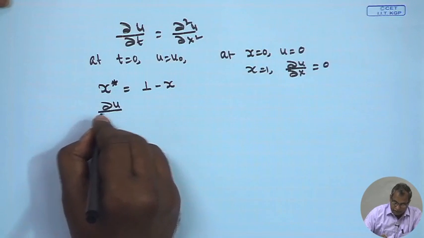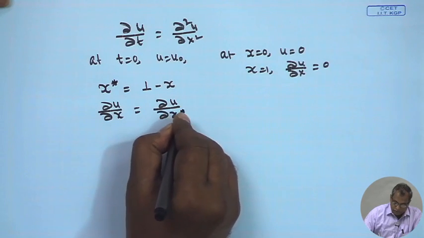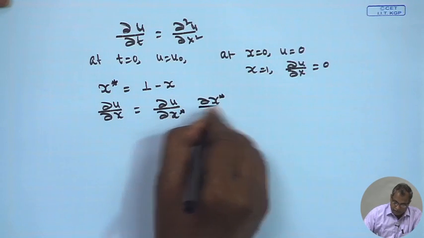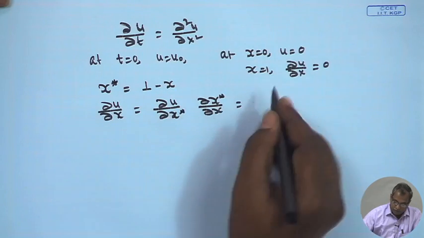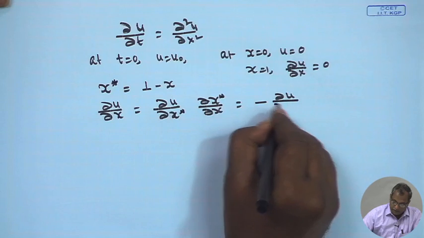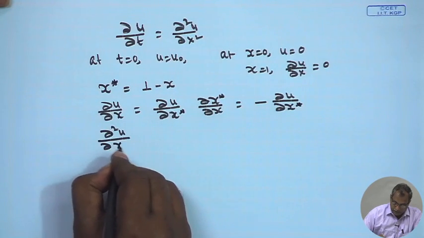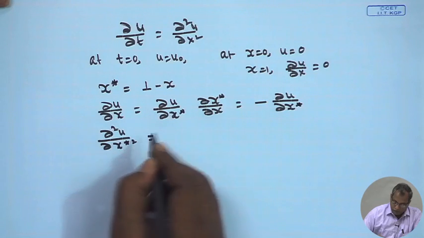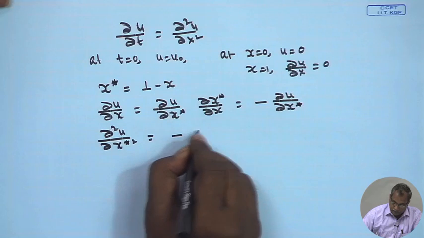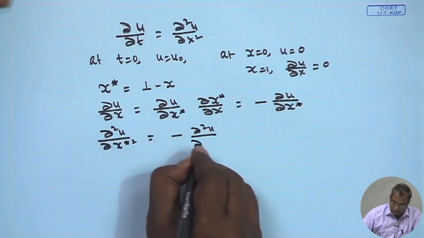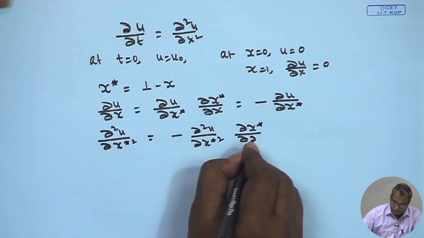What is del u del x? Del u del x is equal to del u del x star times del x star del x. So del x star del x will be minus 1, so minus del u del x star. And del square u del x star square will be, one more derivative, so it will be minus del square u del x star square times del x star del x.